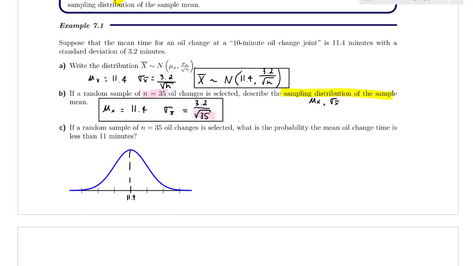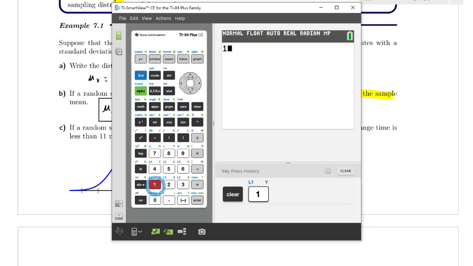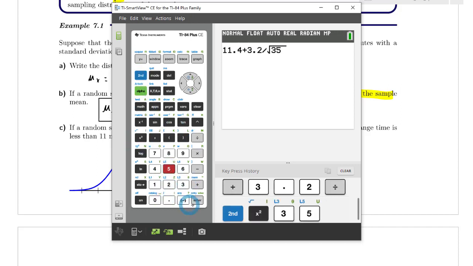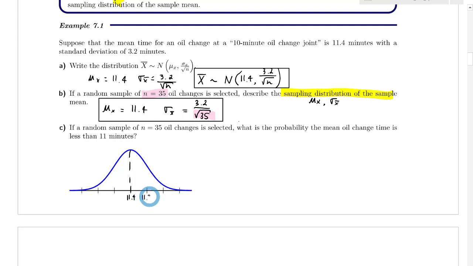So if we went ahead and found those tick marks, we would use this standard deviation. On the calculator, I would have 11.4 plus 3.2 divided by the square root of n. That would be the first one to the right, so we get 11.9.